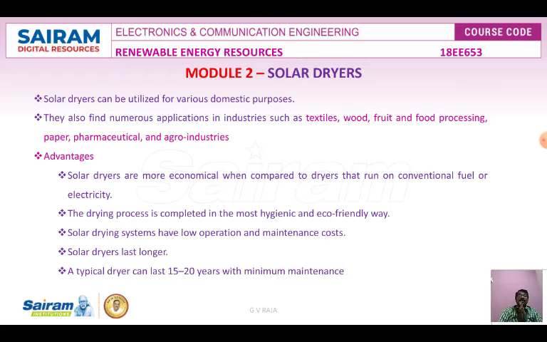But solar is abundant energy, it is non-exhaustible, it lasts longer. If you install a solar dryer, every 15 to 20 years we need only minimum maintenance. And what are the limitations?